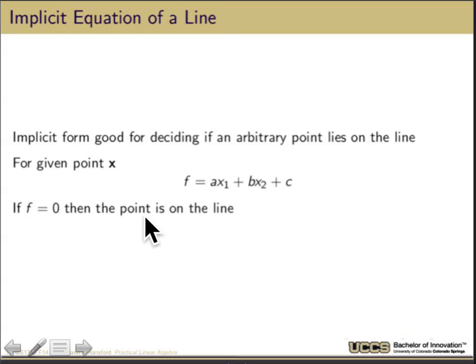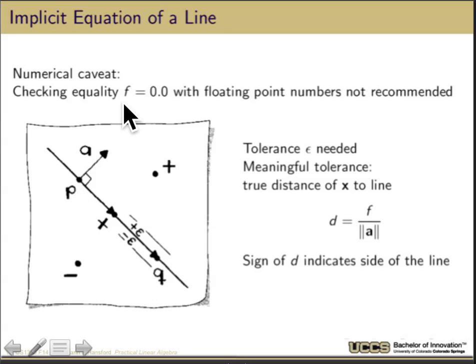Now we want to be a little careful from a computational point of view. If you try to implement f equals 0 in programming, you often have a problem, because if I'm using floating point numbers, f might not equal 0 with floating point precision. What we really want is some idea of a tolerance. So if I'm using standard floating point, I might say if the absolute value of f is less than 10 to the minus 7, which is the precision of a single precision number in general, then I'm on the line.